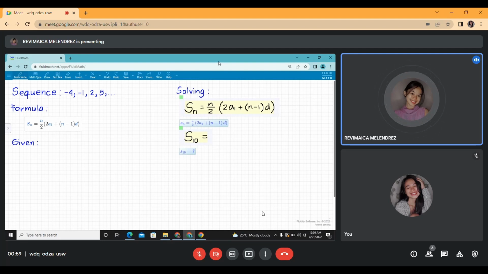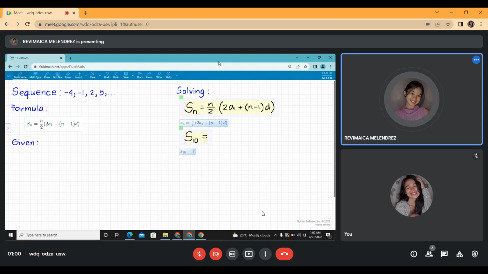But before we start solving, in our formula, the S sub n stands for the sum of the arithmetic sequence, n is the total number of terms in the sequence, a sub 1 is the first term, and d is the common difference between the terms.